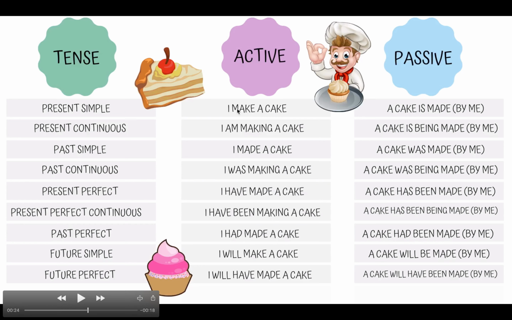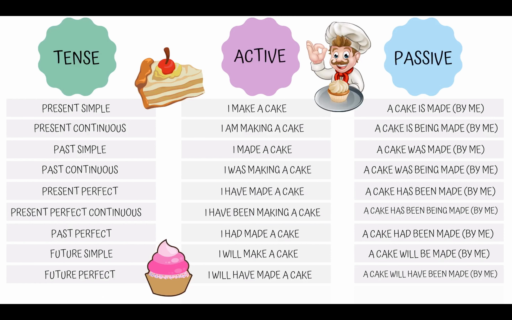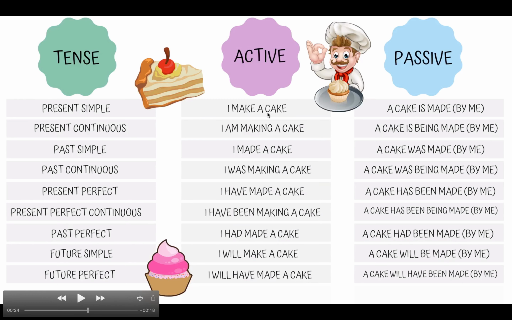Well, this sentence is the present simple. So again, we need the verb to be in the present simple. The present simple of to be is am, so I am, you are, he, she, it is. So because the cake is it, we then have to transform the verb to be to is, okay?